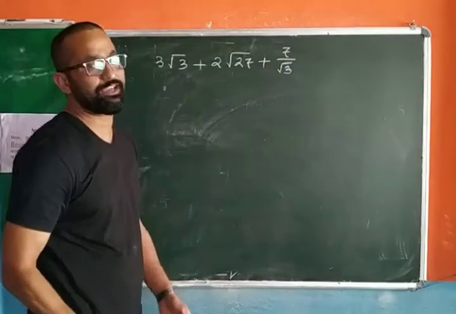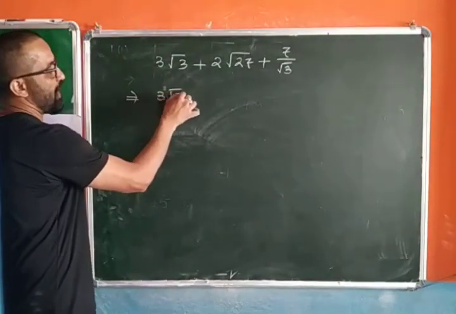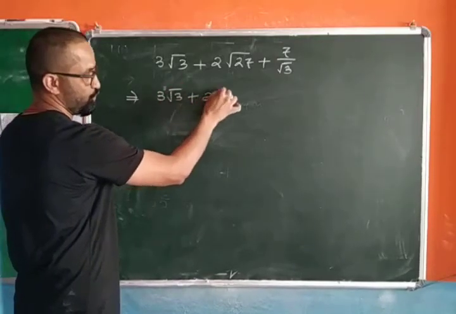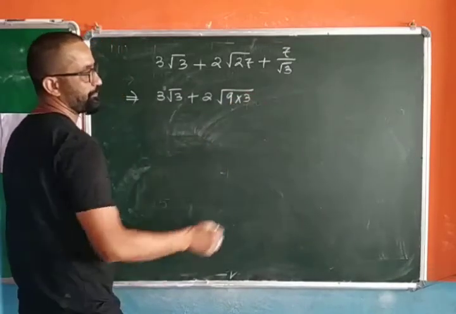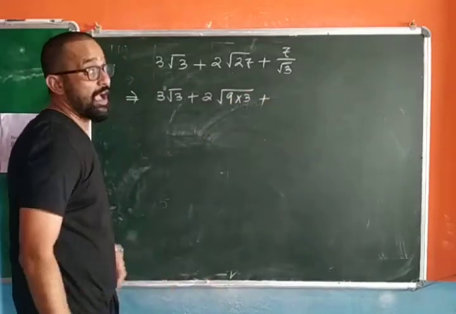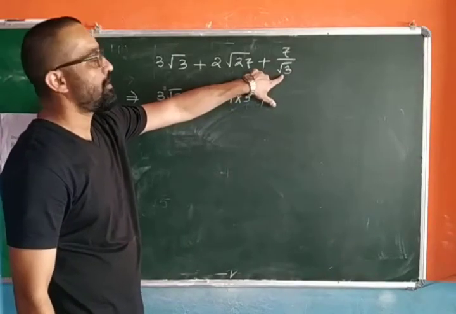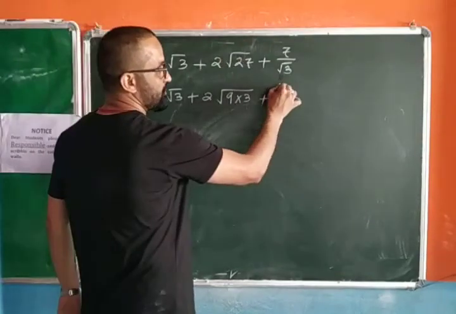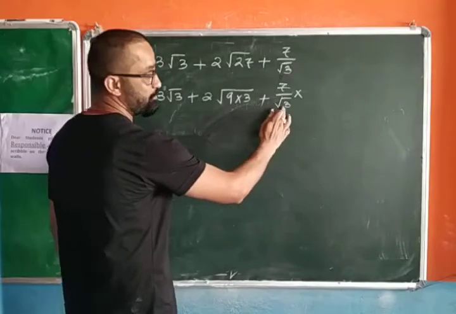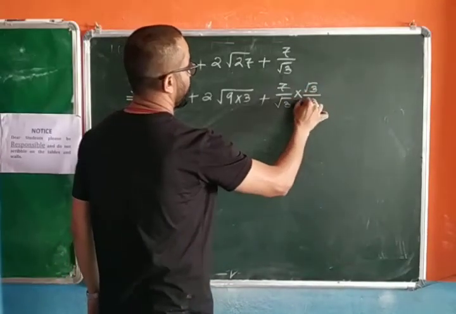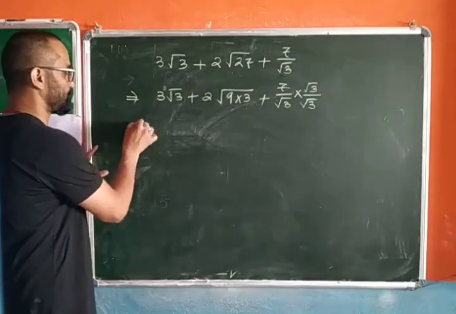Look at this simplification here. 3 root 3 we copy as it is, plus 2 root, this 27 can be written as 9 into 3, plus you have a surd in the denominator, an irrational number. Rationalize it. 7 by root 3. Both numerator and denominator are multiplied by root 3. This process is called rationalization.